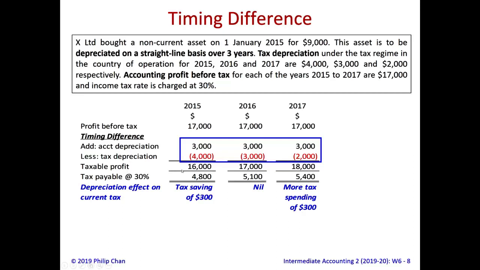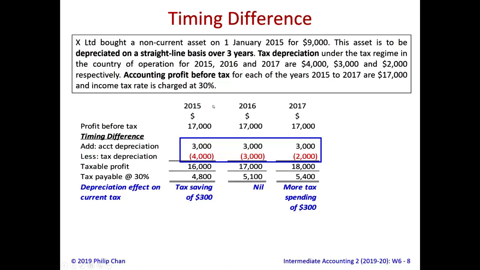Instead, we use tax depreciation to be deducted from all the revenue and expenses figures. So the way to work out the taxable profit is simple: add back the accounting depreciation for the 3 years, which have the same number, and then minus the tax depreciation, 4,000, 3,000, 2,000 respectively, according to the question. So taxable profit would then be 16,000 in 2015, 17,000 in 2016 and 18,000 in 2017.